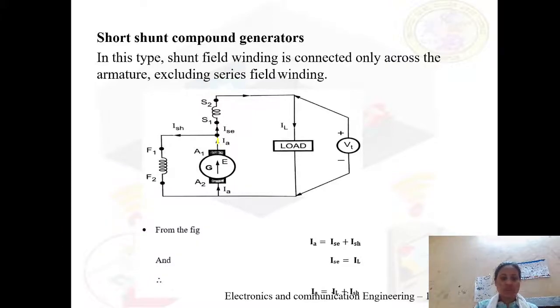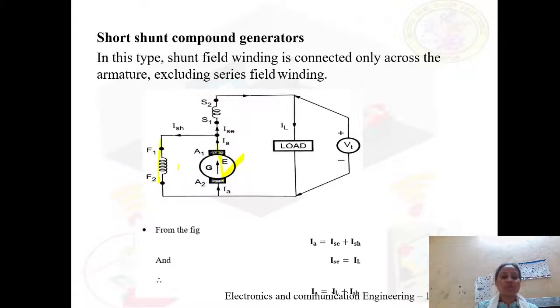The voltage drop at this point is the same as at these terminals, right? So this voltage is nothing but E minus IA into RA, which is equal to ISH into RSH.